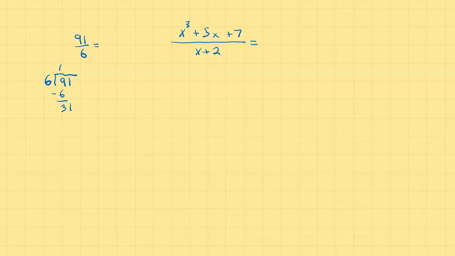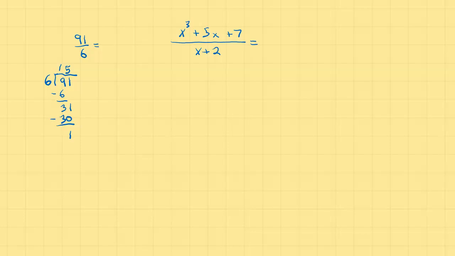Okay, we're not done yet. Now, how many times does 6 go into 31? Well, 6 doesn't go into 3, but it does go into 31 5 times, because 6 times 5 is 30. We're going to put this right here, and we're going to subtract, and we're done.